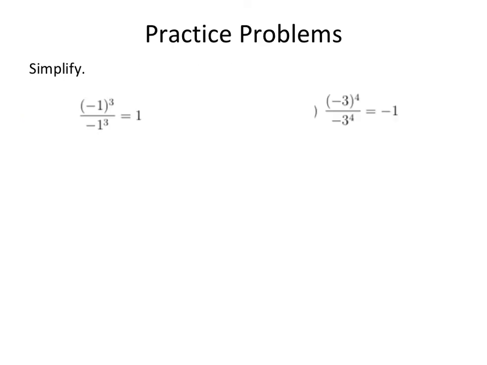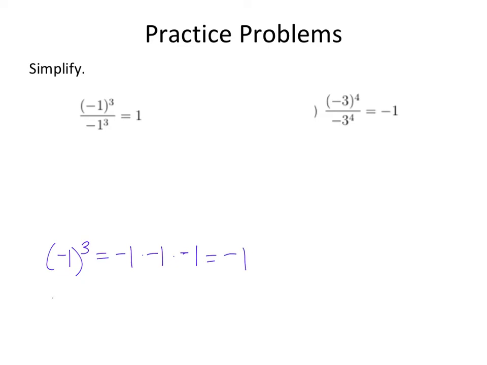Now we're going to be working with negative numbers raised to exponents. So if you were to have negative 1 raised to 3, this means negative 1 times negative 1 times negative 1. If you have a negative number within parentheses raised to an exponent, it means that you're going to multiply that negative number by itself that many times. And if it's raised to an odd number, it would be negative, right?